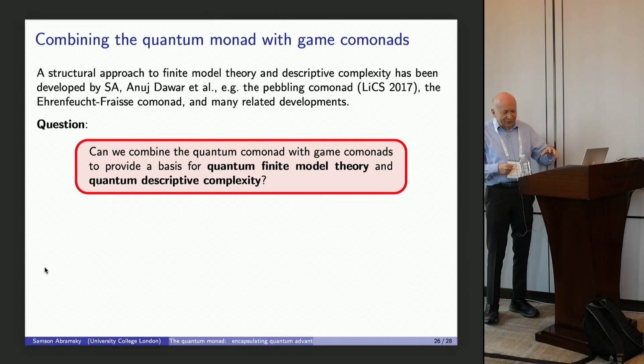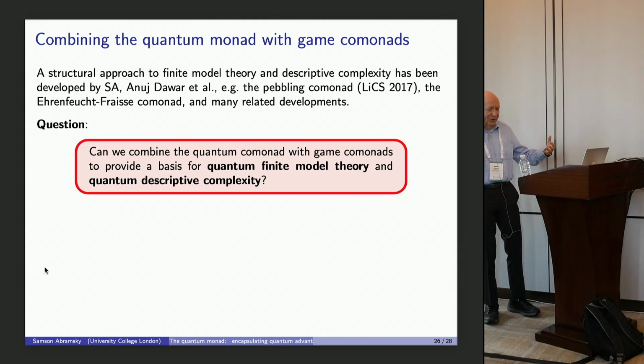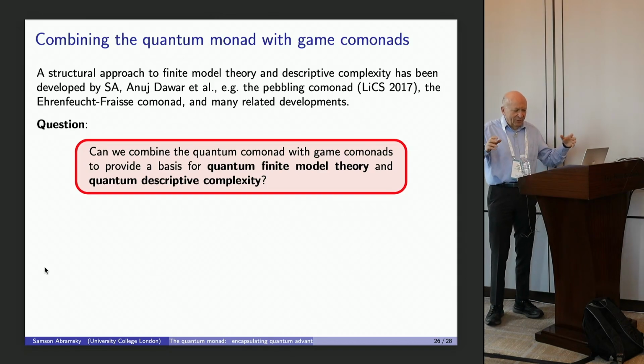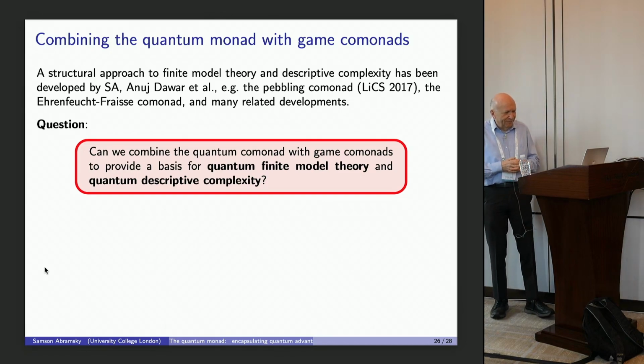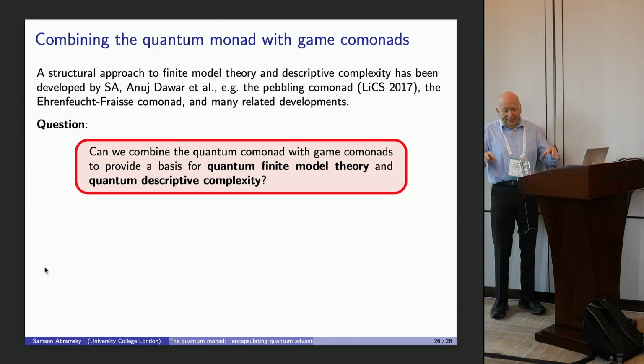So we have this structural way of talking about that using so-called game comonads, where the kinds of games involved are things like bisimulation or Ehrenfeucht-Fraïssé games, games for comparing structures, where one side, the duplicator, tries to show the structures are the same, and the other, the spoiler, tries to show that they're different.